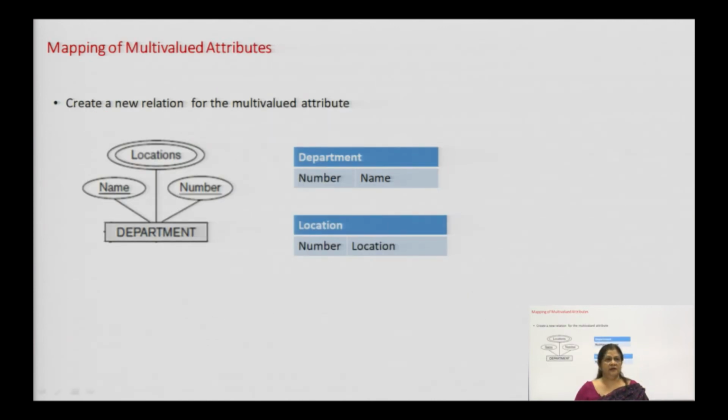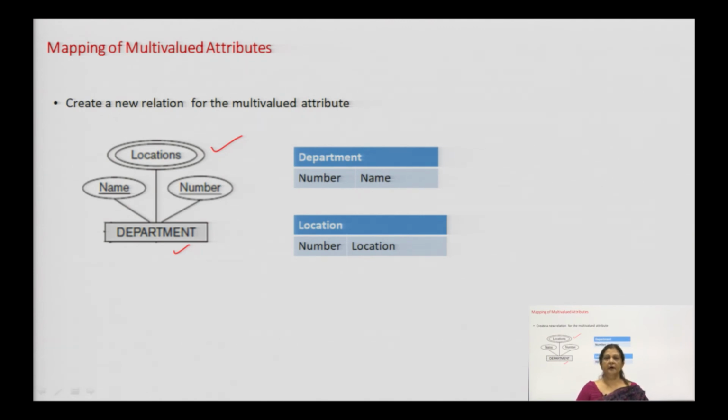Now, let us look at the mapping of the multivalued attribute. What is a multivalued attribute? A multivalued attribute is an attribute which can have multiple values. For example, over here we have the entity type department, and locations is a multivalued attribute. So, when we say locations is a multivalued attribute, that means the department can have more than one location.